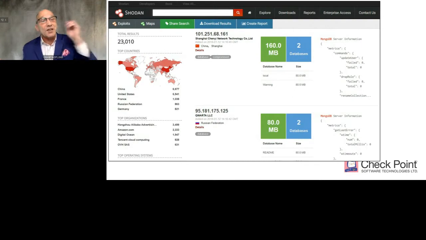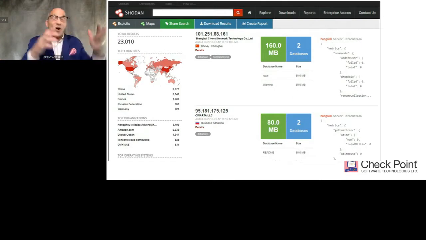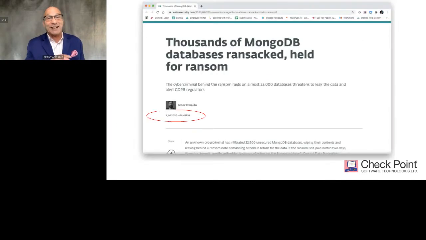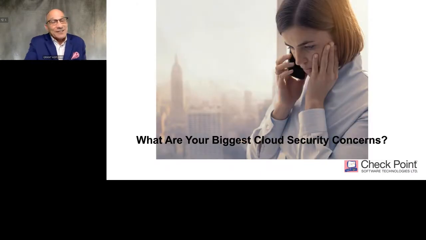But what was really startling was how many were using either default or no password at all. It was over 20,000. Well, we put this presentation together a while ago, and wouldn't you know it, in July there was a breach where some 20,000 MongoDBs were held hostage. I think that's a remarkable coincidence, but I guess you could say we tried to warn you.